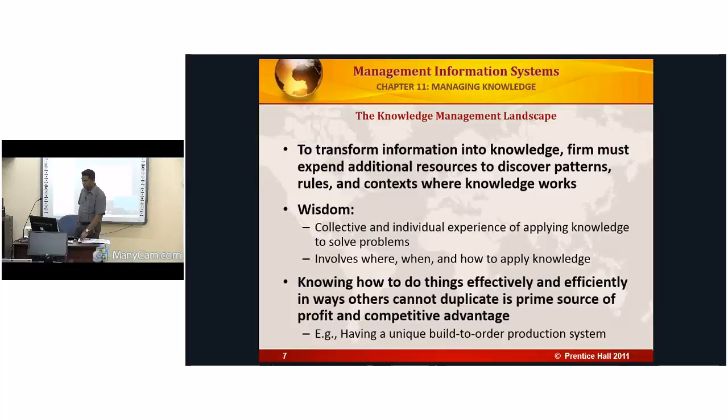So if we take knowledge management in the practical situations, have you got any familiar example related to knowledge management in the current context?